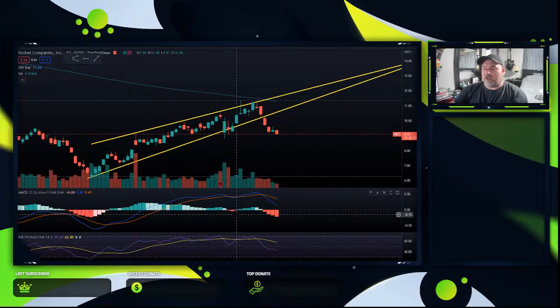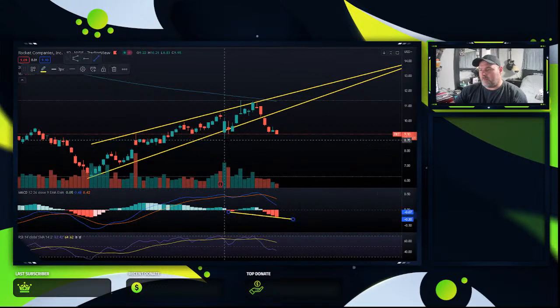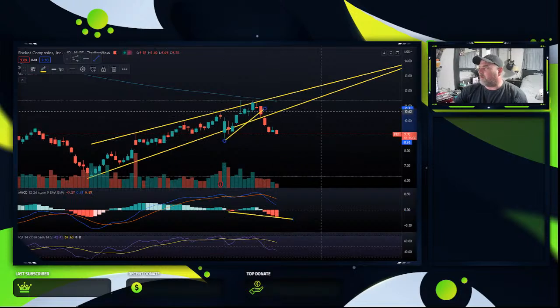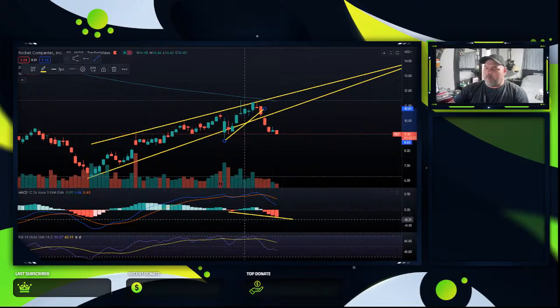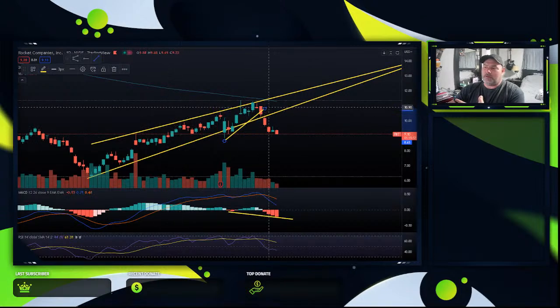But we also had, inside of this, a little divergence going on. I will post that for a second. So we had a hidden bullish divergence happening at the same time we had a bearish rising wedge.